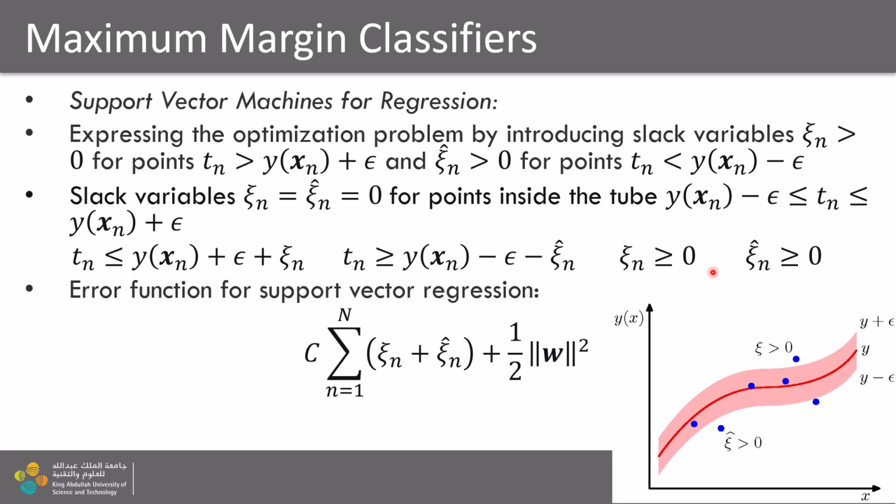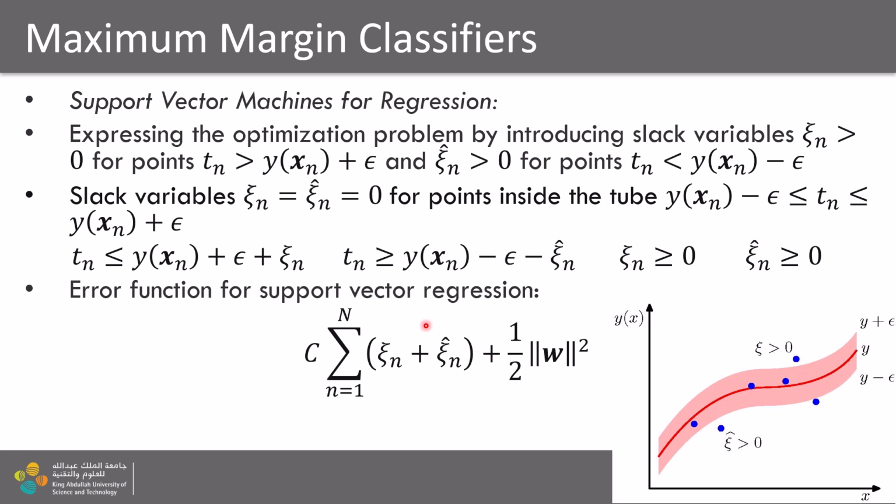And now, to formulate the error function, we simply want to minimize the error of the associated slack variables xi with our points.